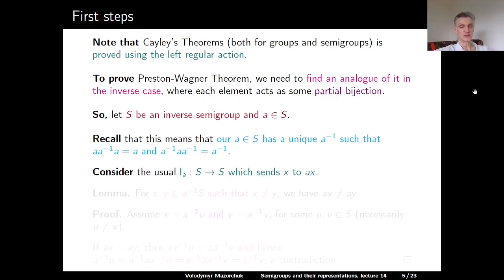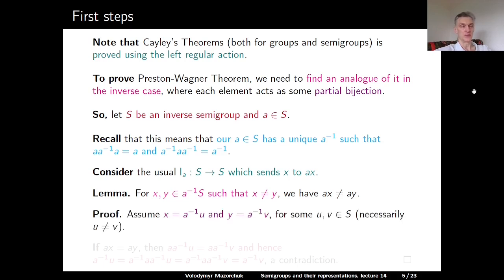So let us now consider the usual transformation of left multiplication with A, denoted L sub A. So that's a map from S to S, which sends X to AX. Now, here is a lemma. For any pair of elements X and Y in A inverse times S, so as soon as X and Y are different, then AX is different from AY.